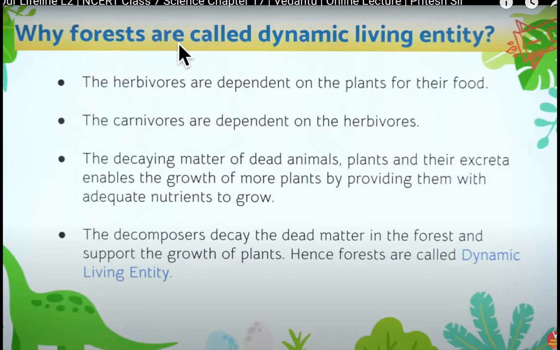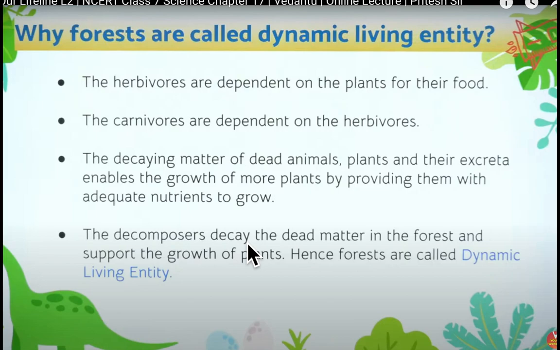Why are forests called a dynamic living entity? Because all the plants and animals in the forest depend on each other. Like herbivores depend on plants for their food, carnivores depend on herbivores, and the decaying matter of dead animals, plants, and their excreta enables the growth of more plants by providing them adequate nutrients to grow.